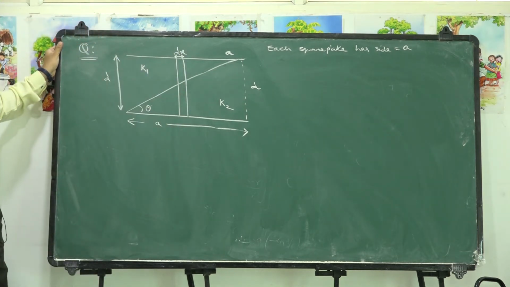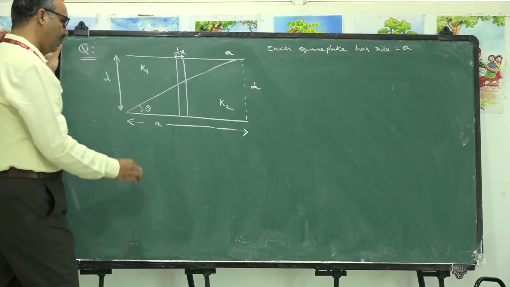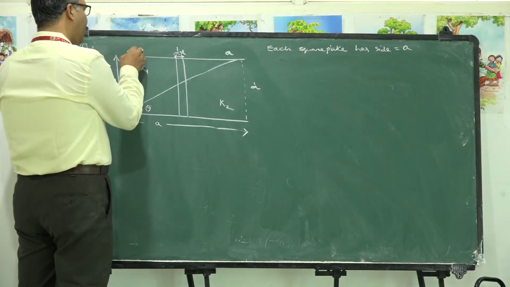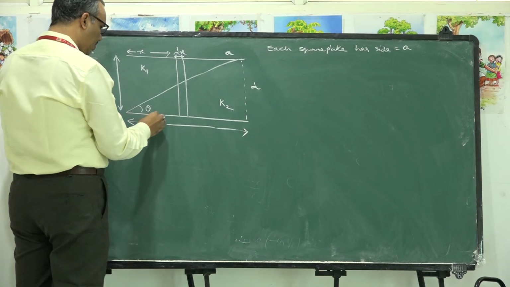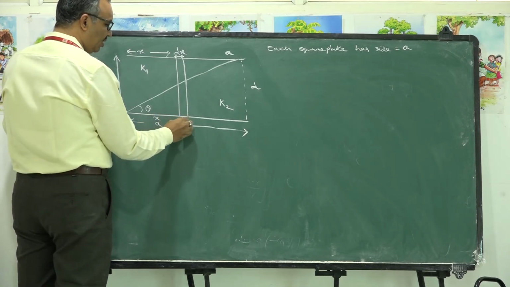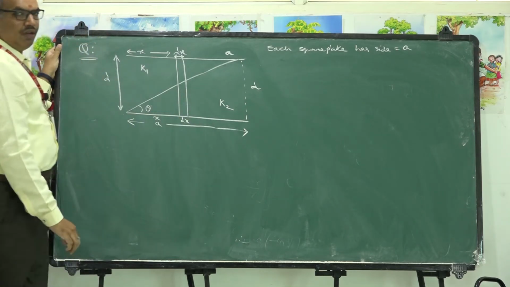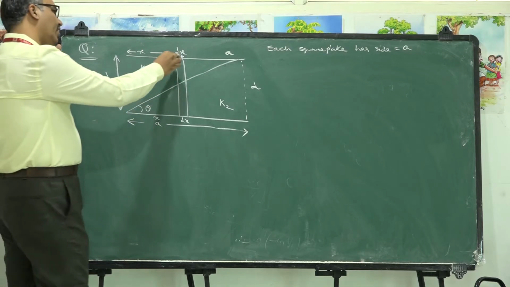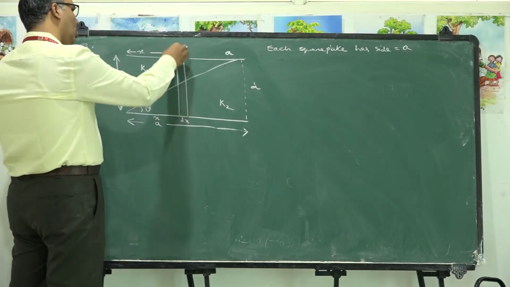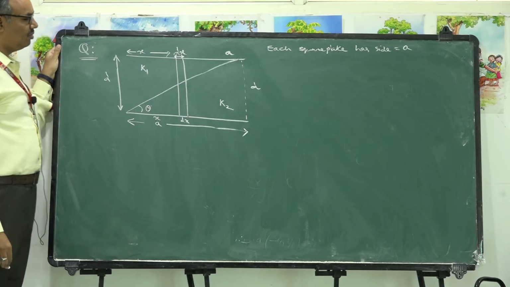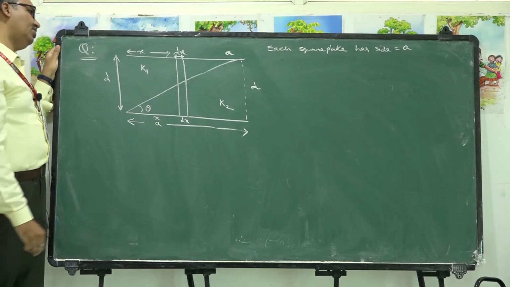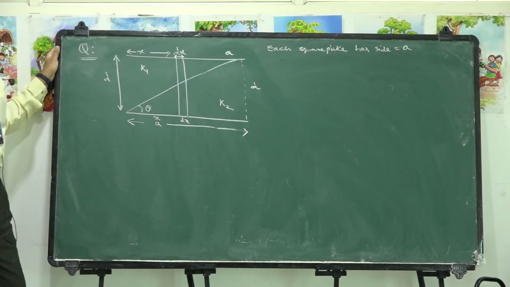This element is located at a distance x. That means this part is x, this part is dx. First of all, I will find the capacitance of this small elemental capacitor. Later, by doing integration, I will find the entire capacitance of the parallel plate capacitor.